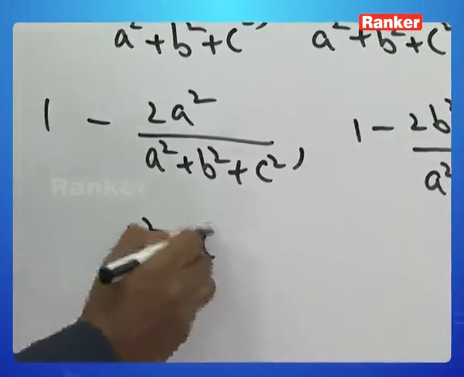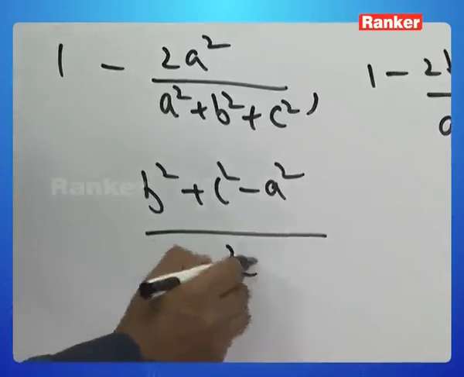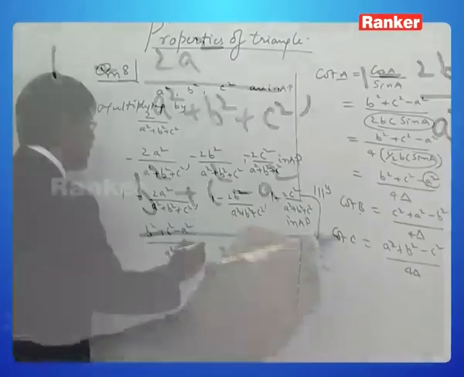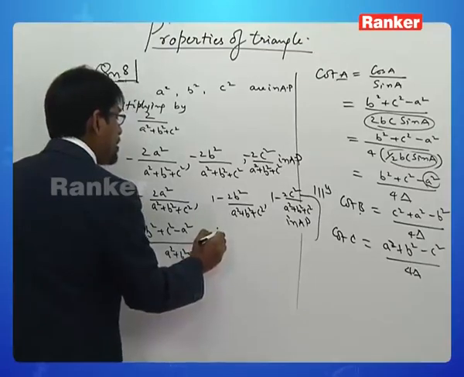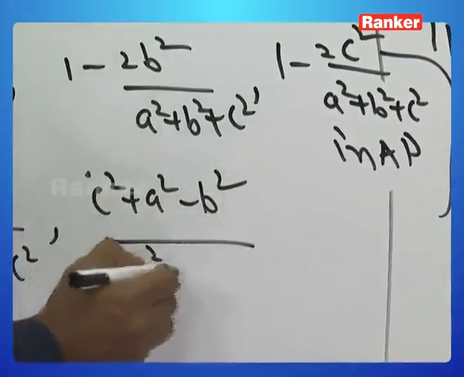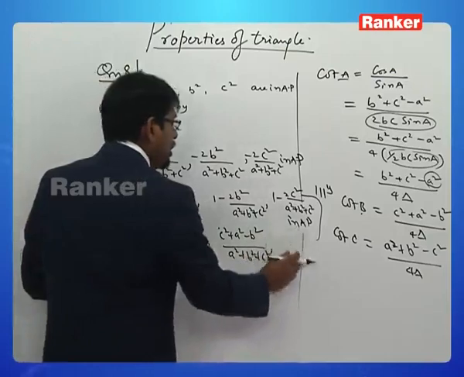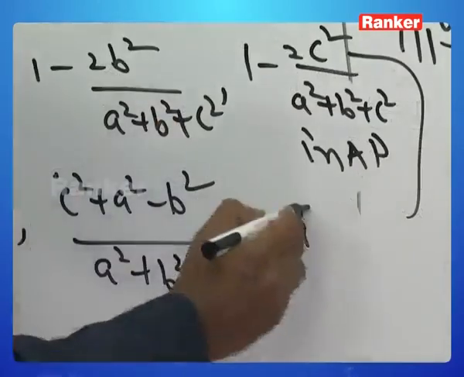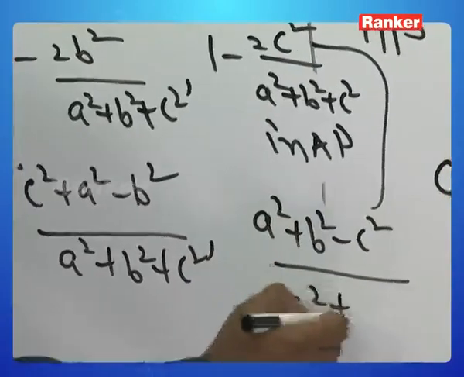This turns out to be B square plus C square minus A square by A square plus B square plus C square, again C square plus A square minus B square by A square plus B square plus C square, and here we will have A square plus B square minus C square by A square plus B square plus C square.